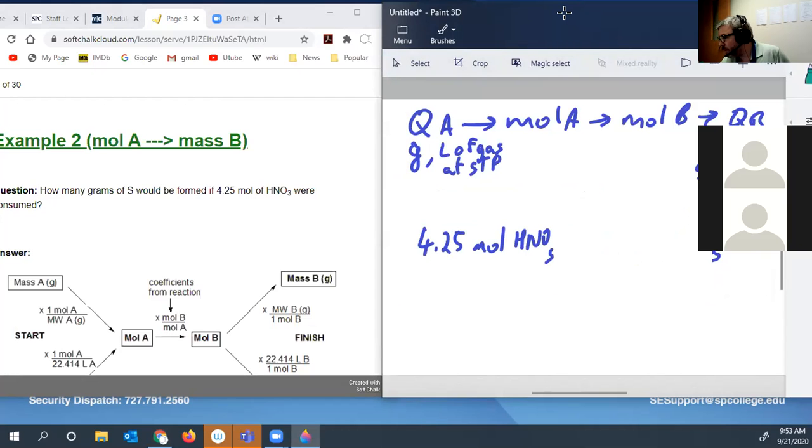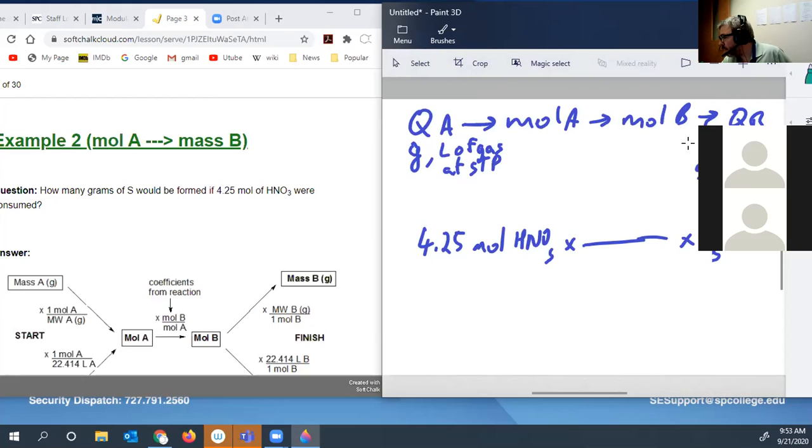And we're going to be finishing with grams of sulfur. Now, in this instance, if we're looking at our flow chart, we're starting here at moles and then going to moles of A, going to moles of B, and then going to grams of B. So we know we're going to need 2 steps here to make this work.